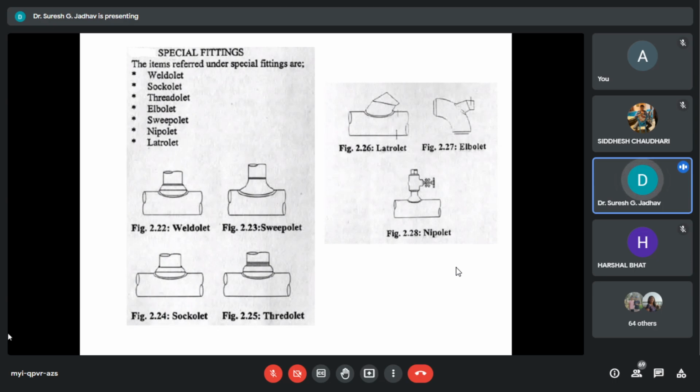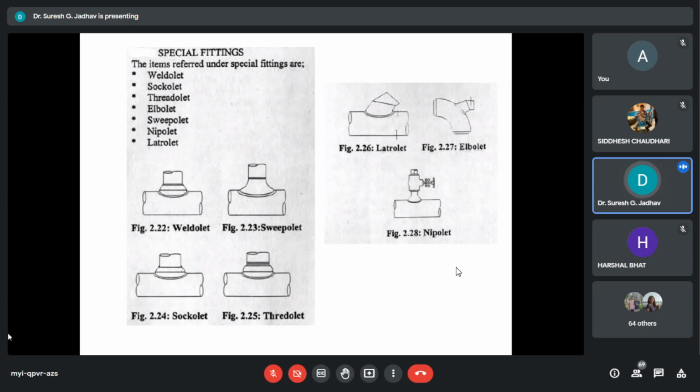Then we can use the sockolet special fittings. Now next is threadolet, a special fitting used for threaded branch connection. See the difference between sockolet, threadolet and weldolet. Here threadolet is used for threaded branch connections.